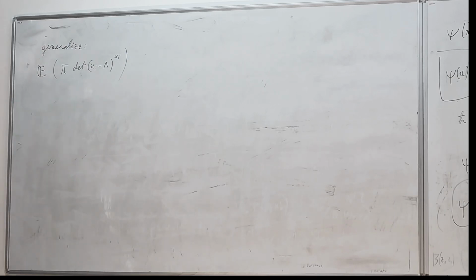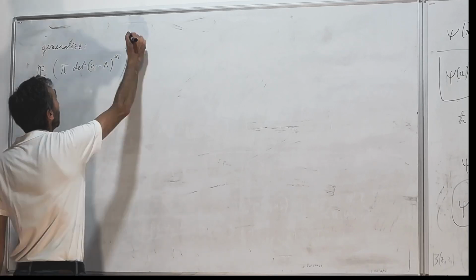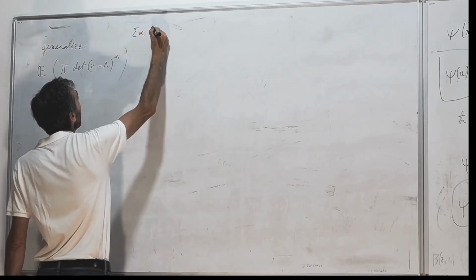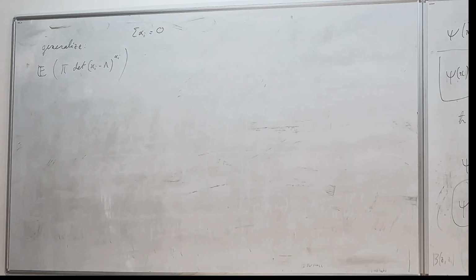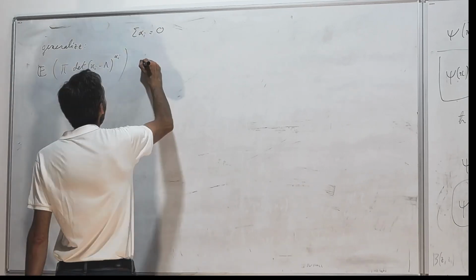Okay. Let's take this expectation value, and to simplify, let me assume that the sum of alpha i equals 0. If I take this assumption, there will be no regularization needed. You can redo the same thing I was doing.